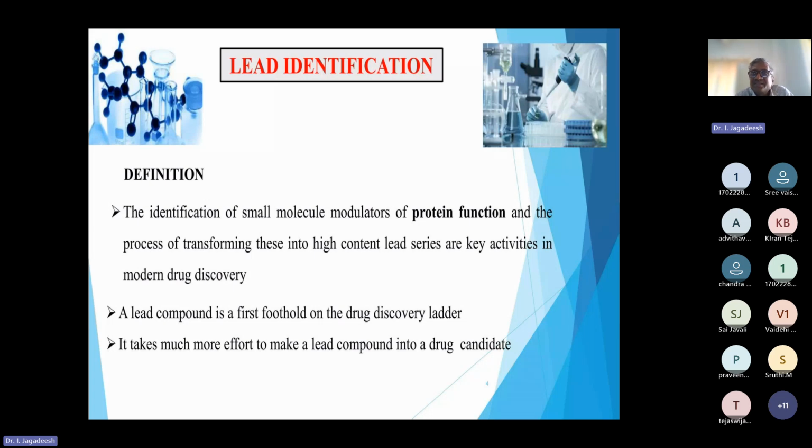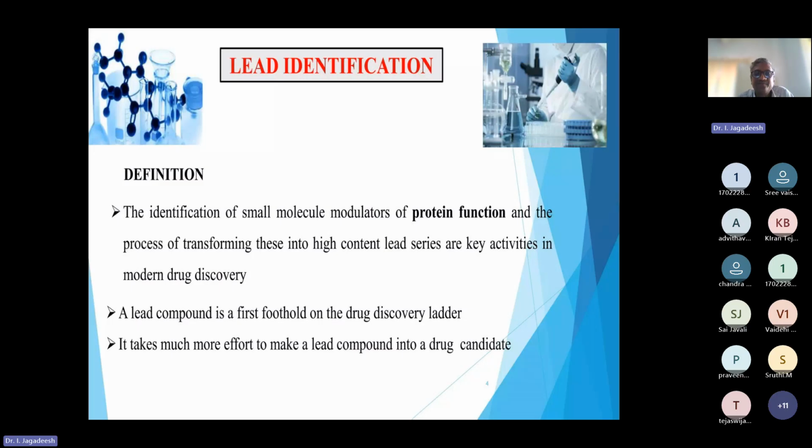Because of the intervention of computer-aided drug design, we can reduce the cost and also bring down the timeline drastically, because we are going to find the failures in advance. It takes much more effort to take the lead compound into a drug candidate. It is not an easy journey.